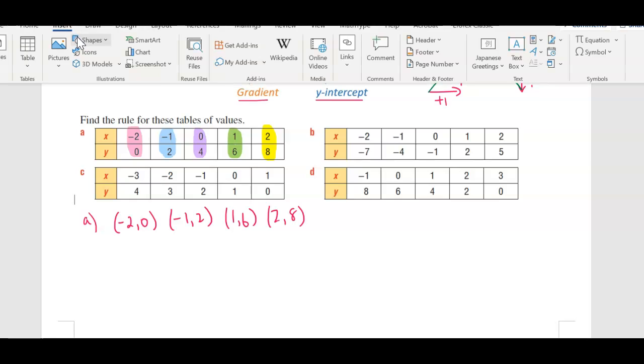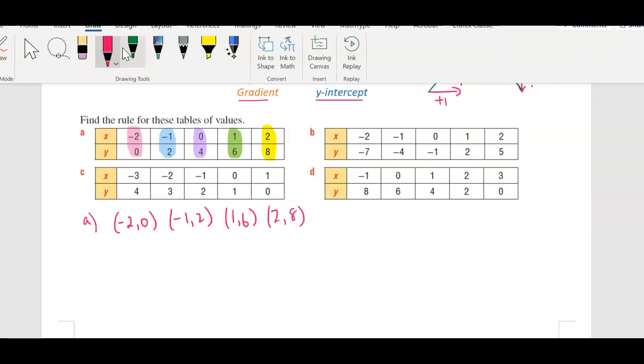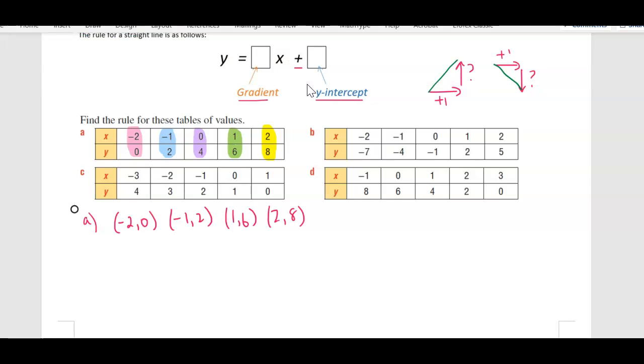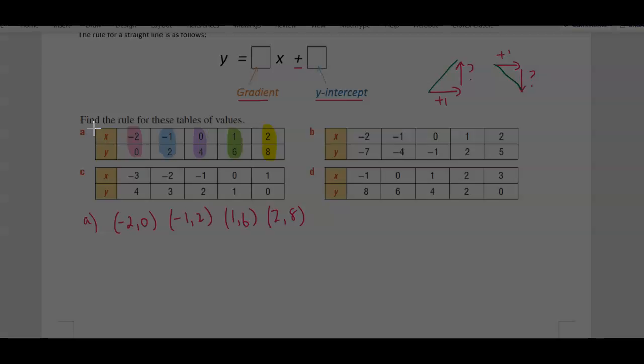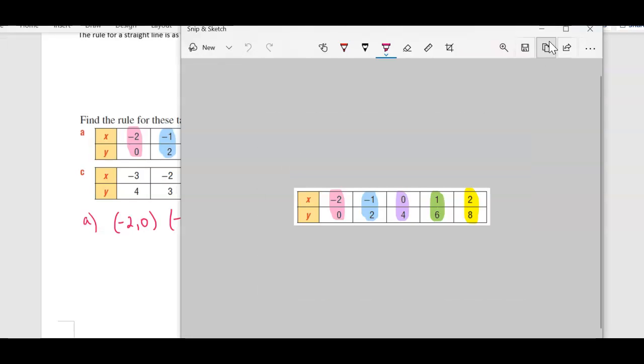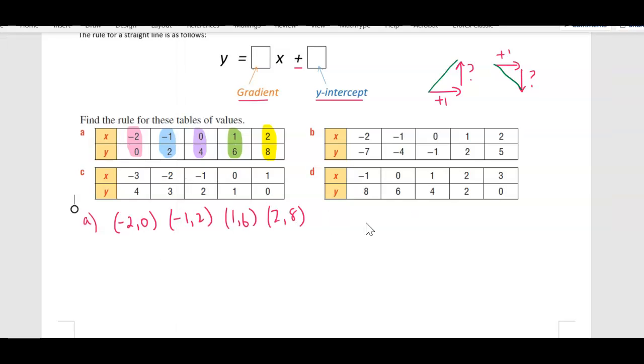Now, the way we work that out is, with this first table, I'm going to take a screenshot because it's a bit tight fitting there. Just want to get that table on its own. Hopefully I can paste it without an issue.